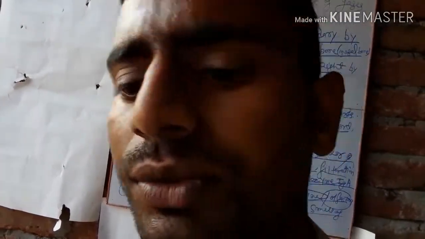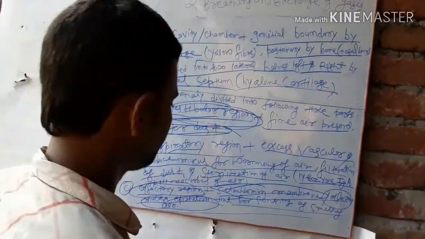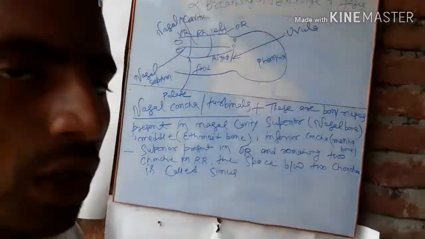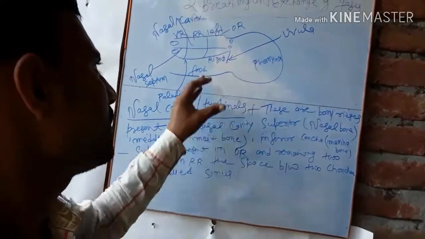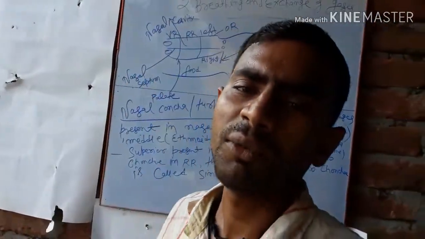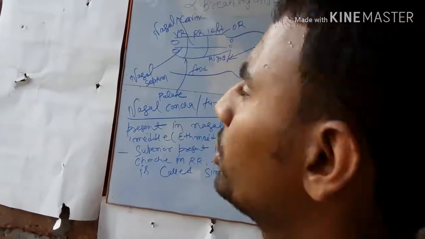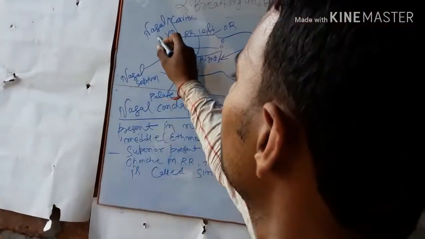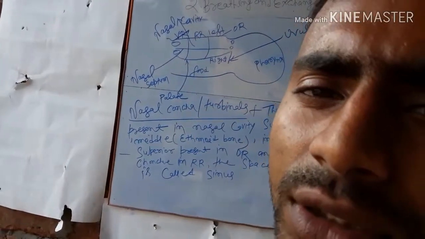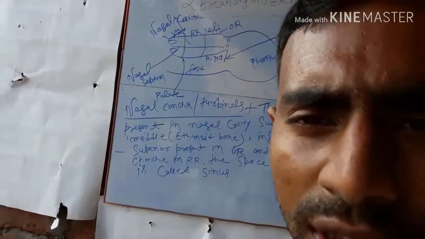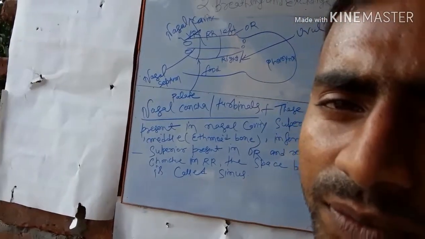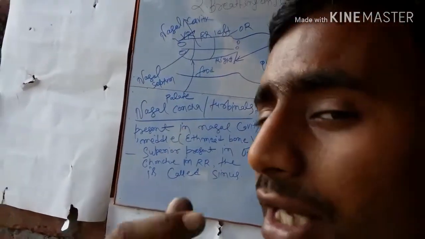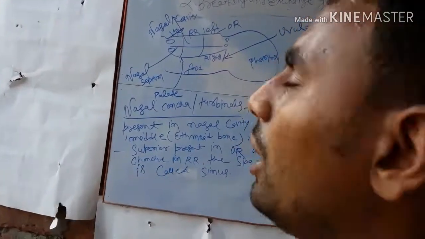Now we will see this figure, in which three parts are present. First, the outer side is the vestibular region, where hair is present, which we see from the outside.